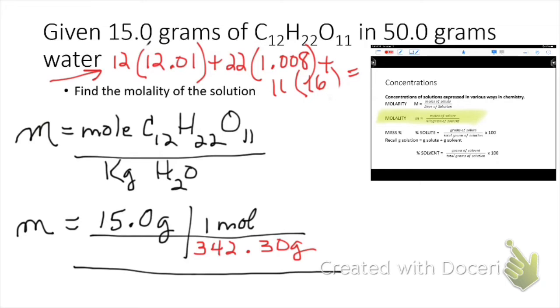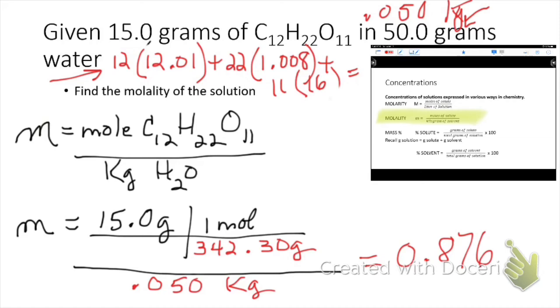And our denominator, we want kilograms of water. The info was given in grams. We need to divide by 1,000, so that would be 0.050 kilograms, which we will put in the denominator here. And we put that through the calculator, and we are going to get a molality of 0.876 molal for the sugar.